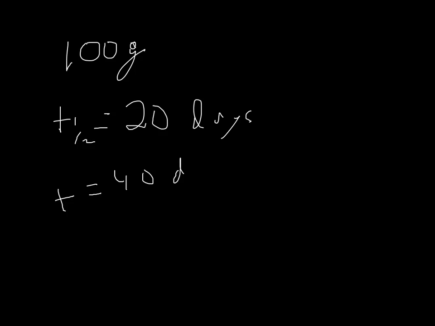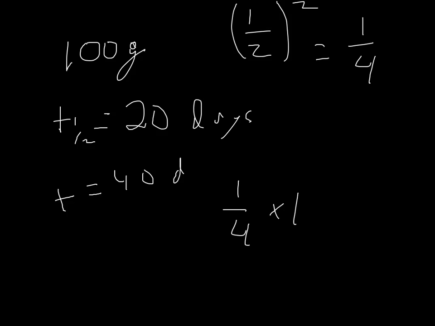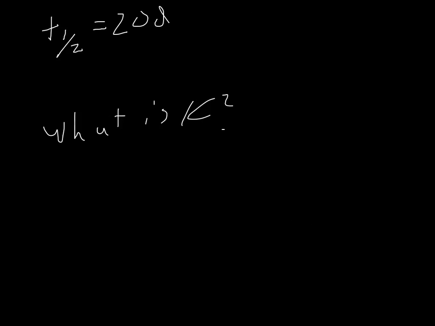A 20-day half-life goes twice into 40, so it's gone through 2 half-lives. 1/2 to the power 2 equals 1/4. So 1/4 of the original amount remains. 1/4 times 100 equals 25 grams. Yay! Easy equations.